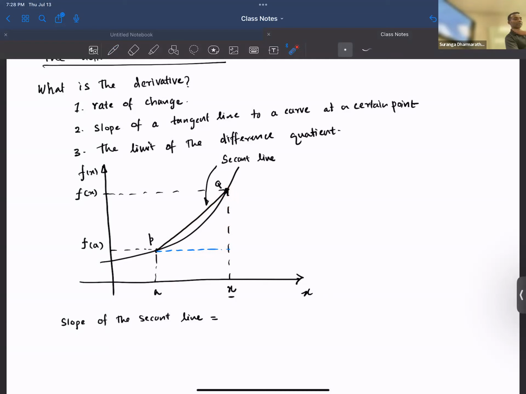This angle, what I'm asking. Right? This angle, right? How do you find it? What is the tangent of that angle? Tangent value of that angle, what is that? If I take this as delta x, that is a change in x, and this is change in f, delta f. Now, what is the tangent of this angle? What is the tangent value of this angle?